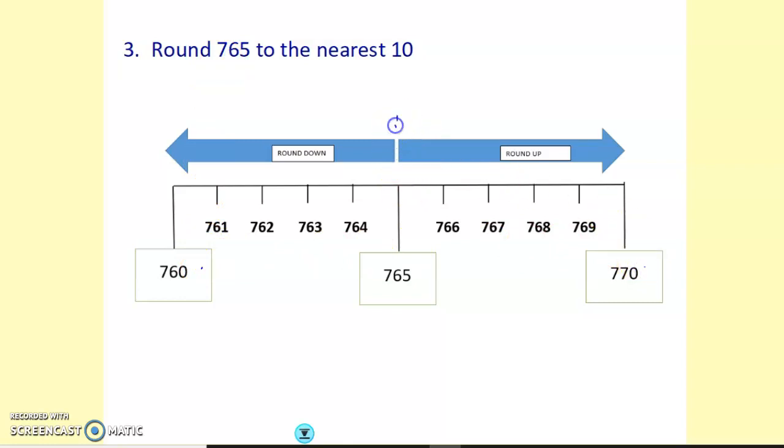Now it sits right in the middle, right in the centre, and the rule, if it's right in the middle, is that it rounds up. So 765 will round up to 770.